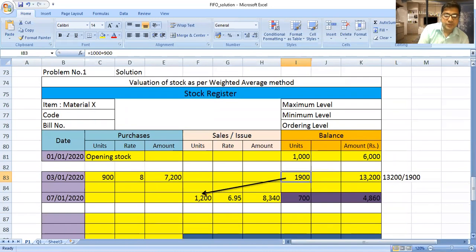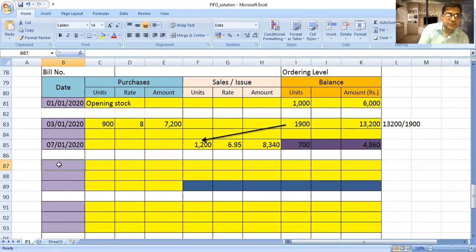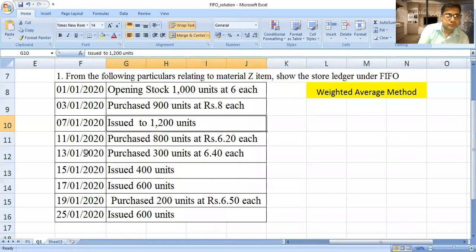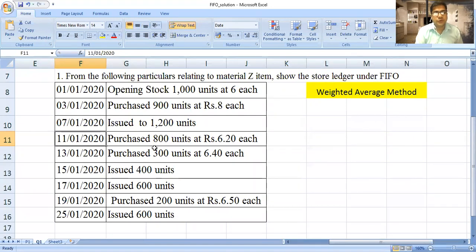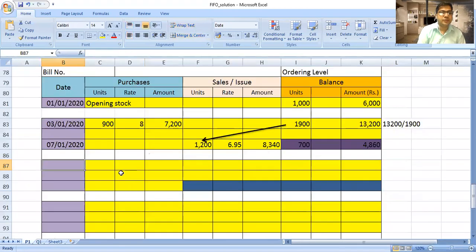Now next, after 7th January, next date 11th January 2020, they purchased 800 units at 6.20 each. So we write here 11th January 2020, they purchased 800 units into 6.20. Now use the calculator and find out the value. 800 into 6.20.